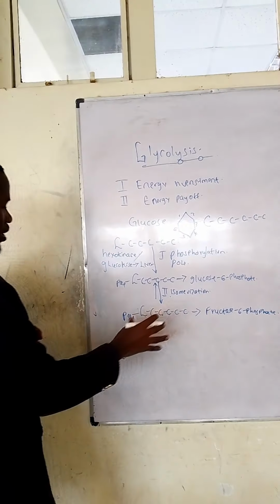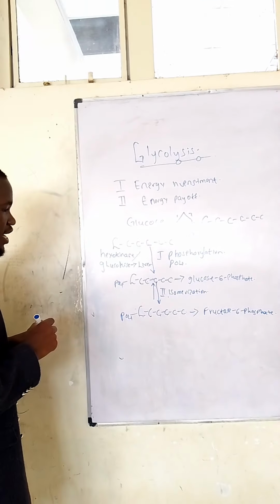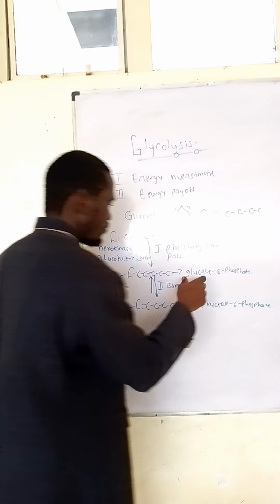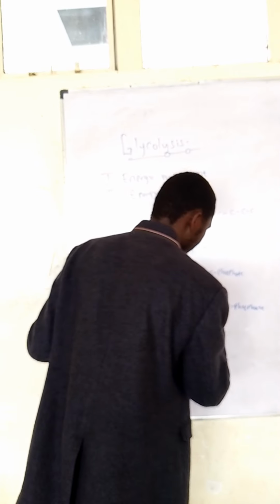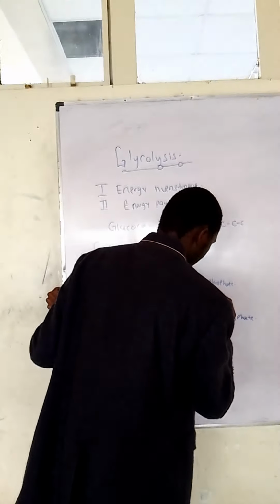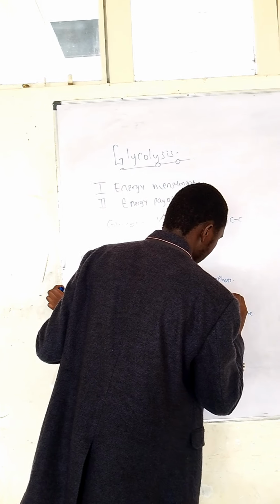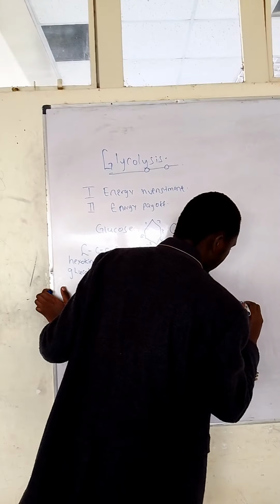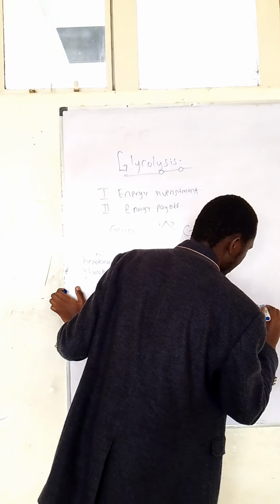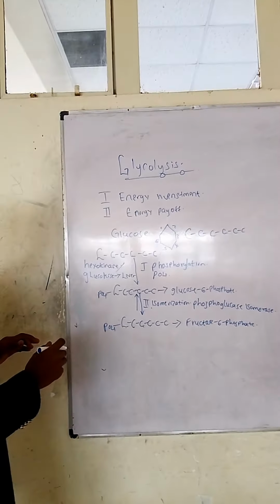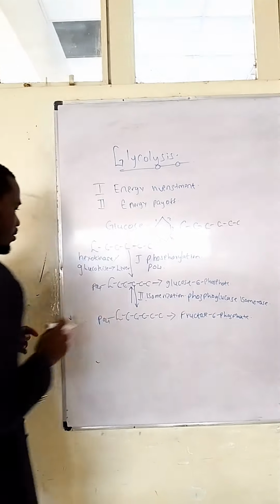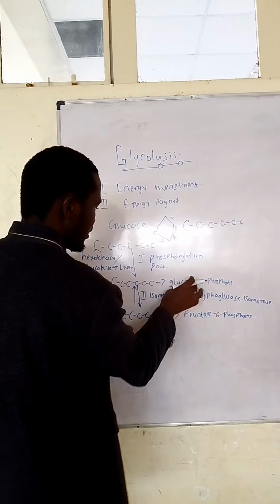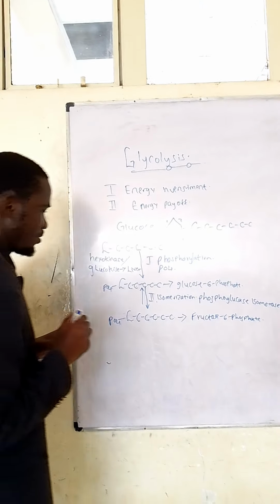So this is the isomer of glucose, and the enzyme facilitating the process is called phosphoglucose isomerase. Isomerase from the word isomer. And this fructose 6-phosphate is the isomer of glucose 6-phosphate.